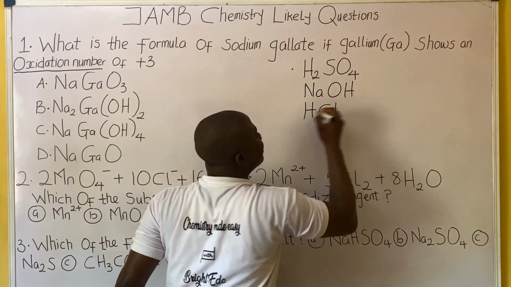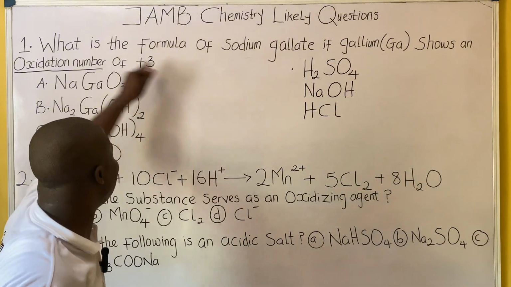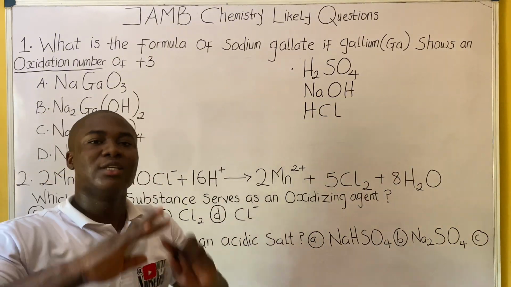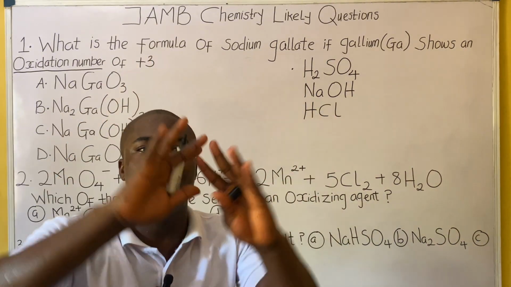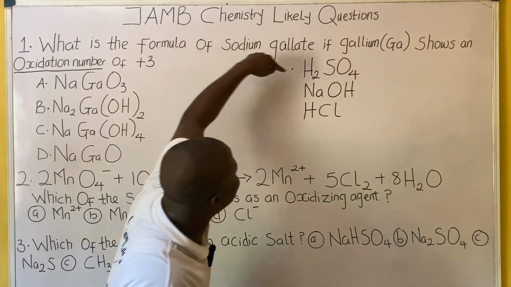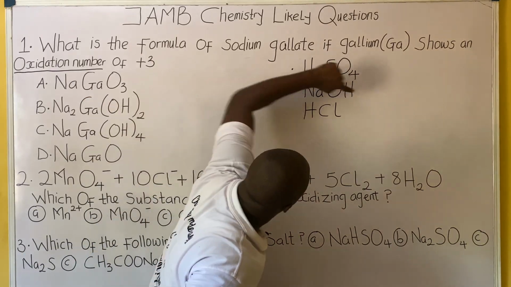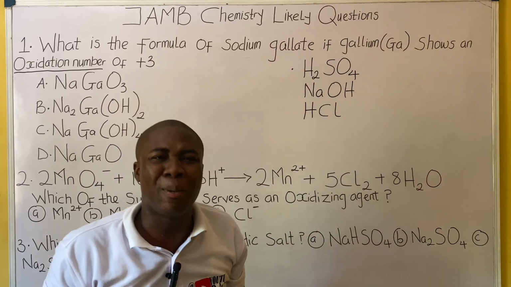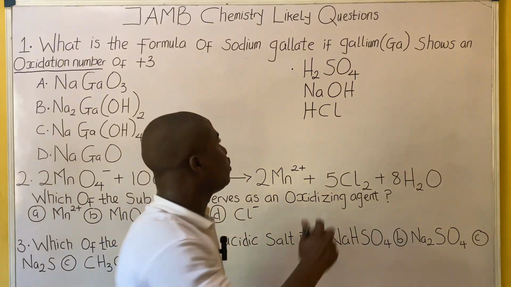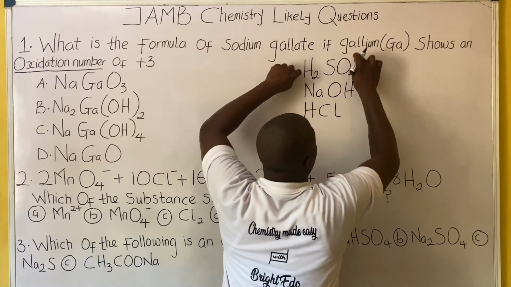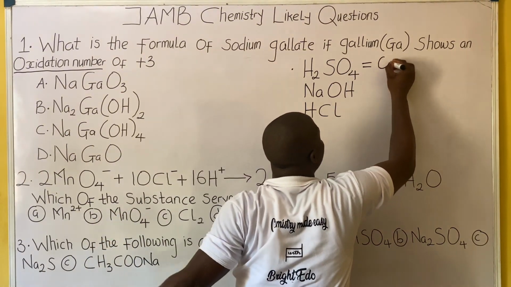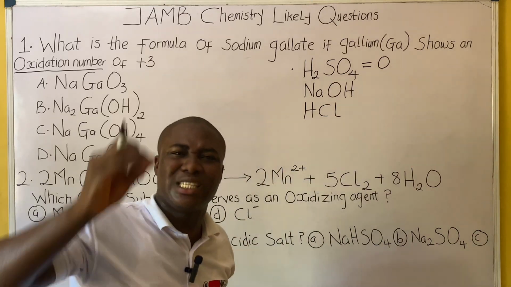HCl is a compound, any compound at all. So the algebraic sum of the oxidation number of all elements in a compound is equal to 0. So if they now ask you, what's the algebraic sum of the oxidation number of all the elements here, what will you say? It is 0. You always equate it to 0.